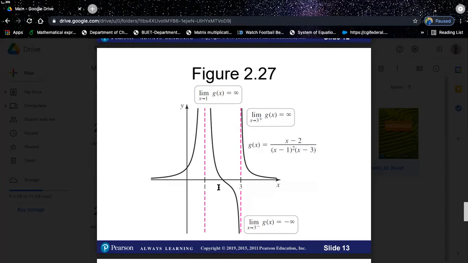If you move from the right towards 1, you can see the graph is slowly going close to it, but it's not touching, neither is it crossing it, and it's going towards negative infinity. So we say that indeed we have a vertical asymptote at x equals 1. Does this make sense?